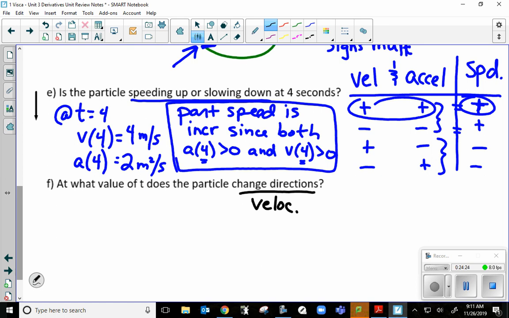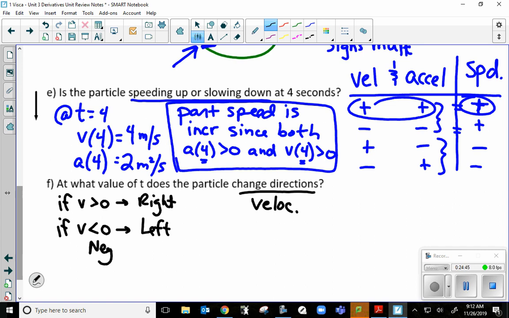I'm going to write a little note here for you. If velocity is greater than 0 or positive, that means it's moving right. If velocity is less than 0 or negative, that means it's moving left. Okay, this is negative. If you don't like inequality signs, this is positive. Not position, but positive. If it's negative, if it's positive.